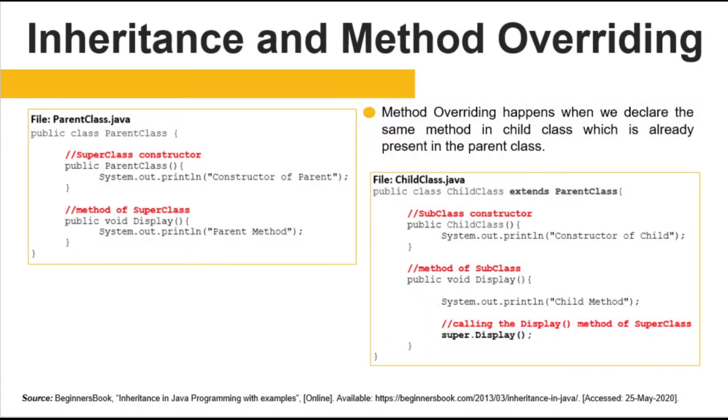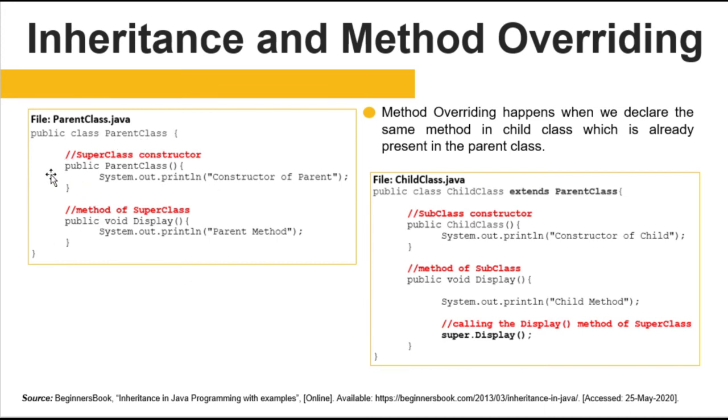Inheritance and method overriding. Method overriding happens when we declare the same method with the same name in a child class which is already present in the parent class. So as you can see here, we have the public class, parent class. This will be our superclass.